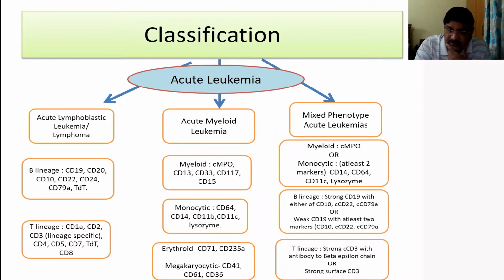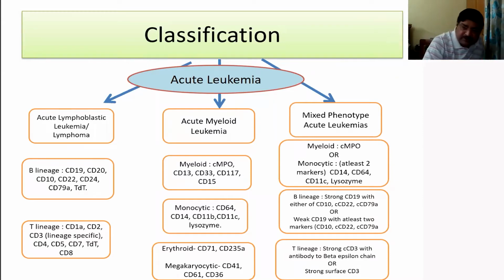CD19 is the lineage marker for B lineage. Sometimes when your CD19 is weak, you should have at least two of these markers of CD10, cytoplasmic CD22 or cytoplasmic CD79A. For T lineage, you should have strong cytoplasmic CD3 with antibody to the epsilon chain of CD3.